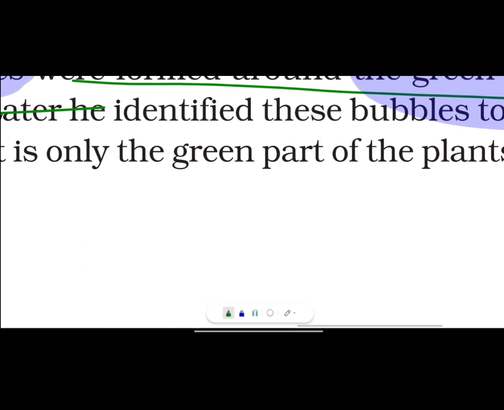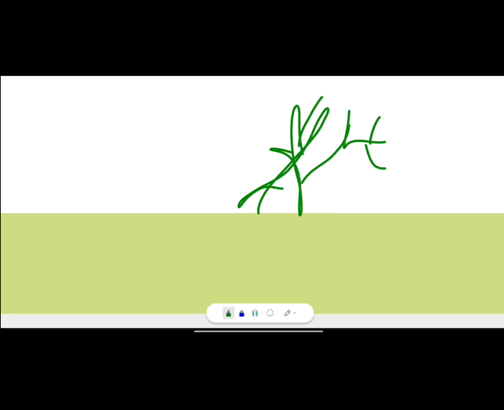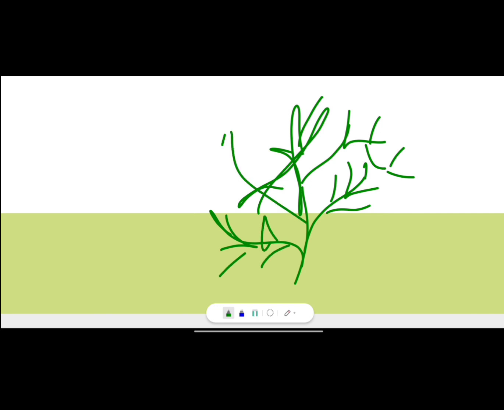Consider that this is an aquatic plant. As you have studied, aquatic plants would look like this in a plant development lesson.